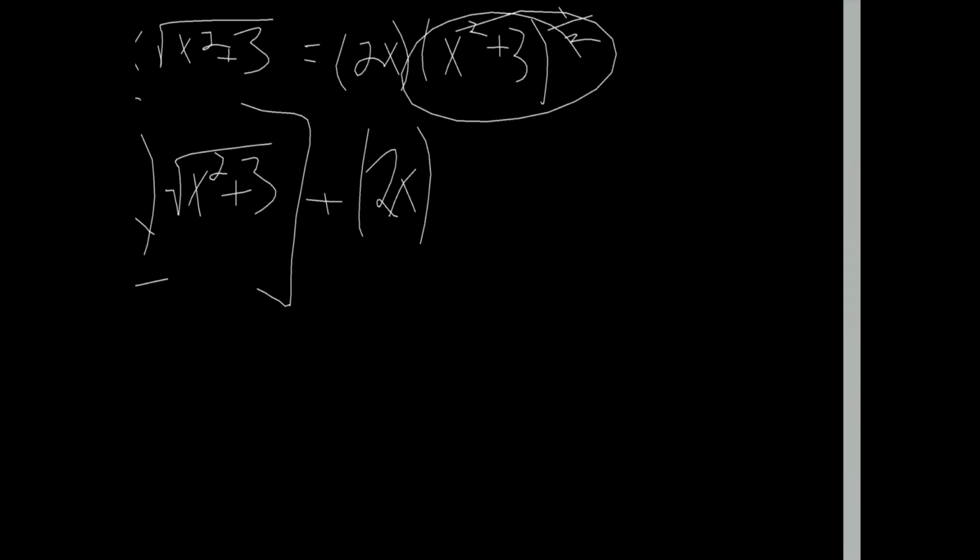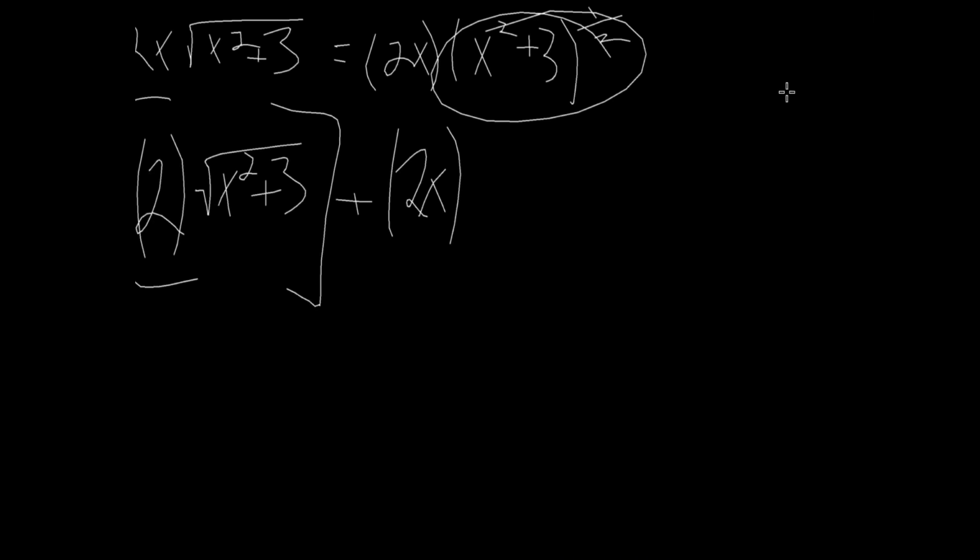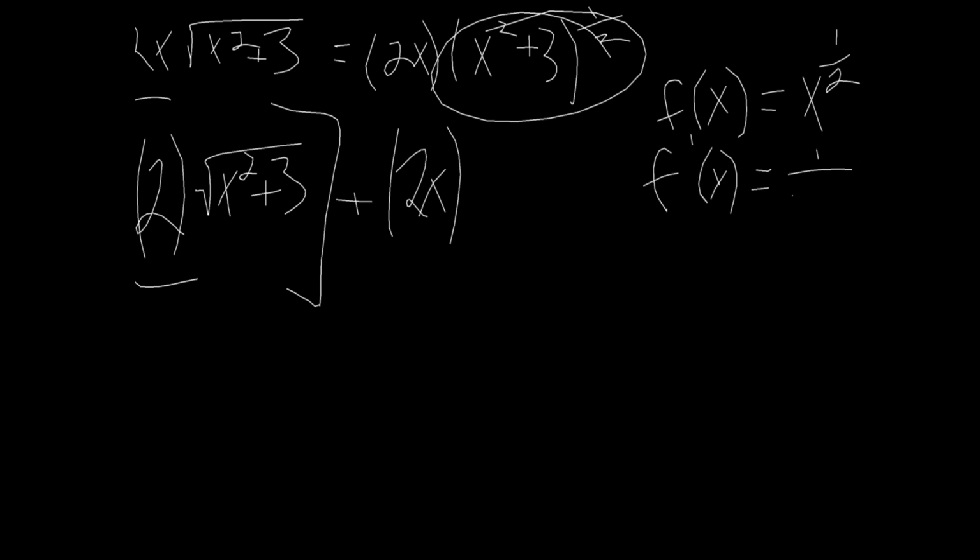So we know that our outer function here is going to be x to the power of 1/2. And when we apply power rule, we're going to get f prime of x equals 1 over 2 root x.